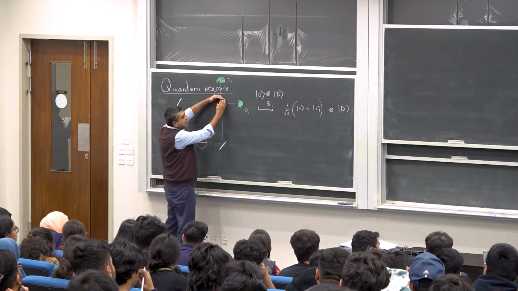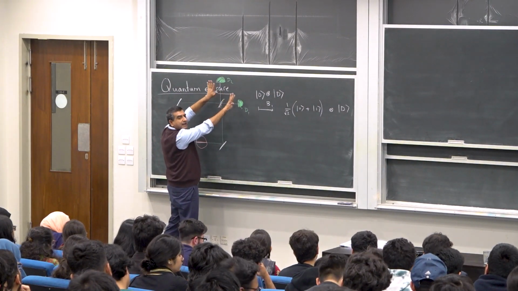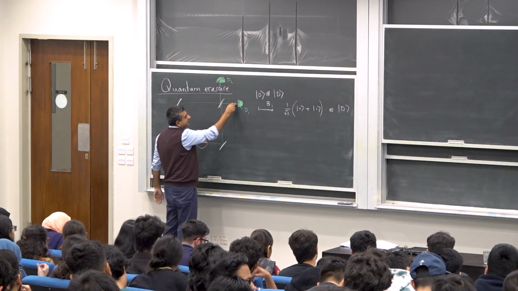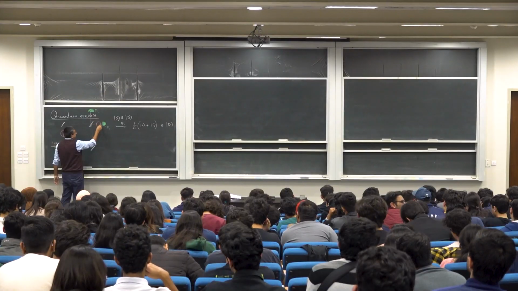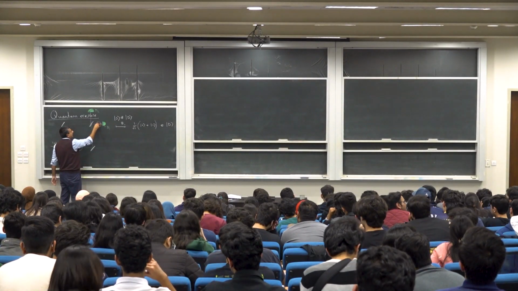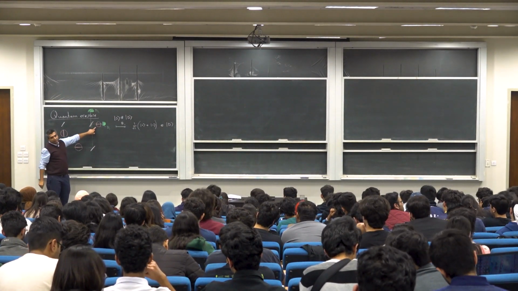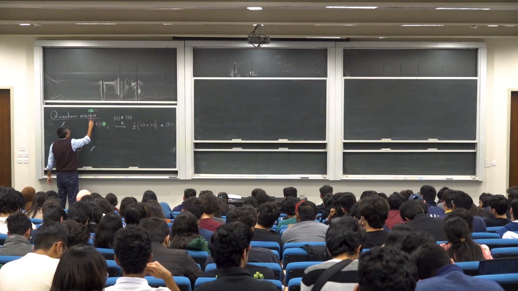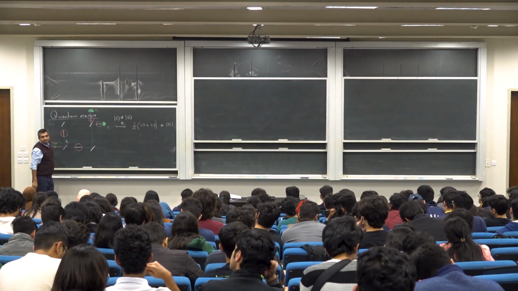So the interferometer ends up here, and then we have the detection system. But just before the detectors, I place a horizontal polarizer on this path, and I place a vertical polarizer on this path.